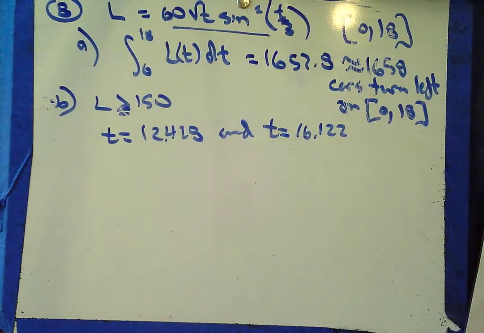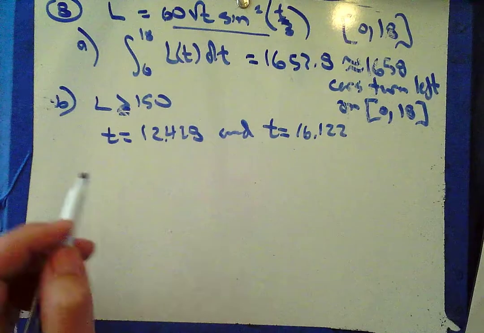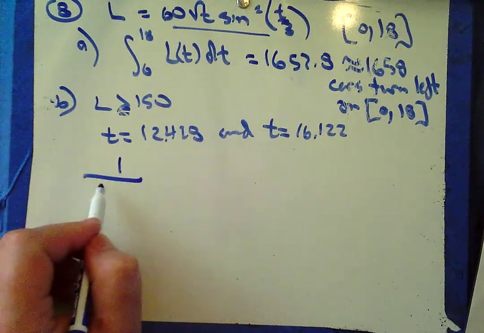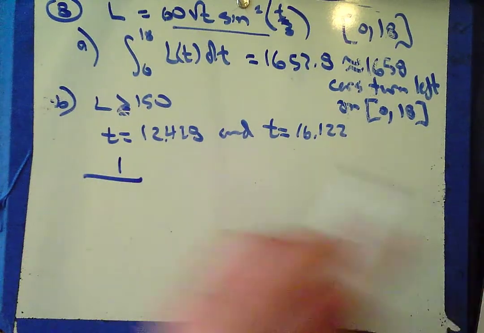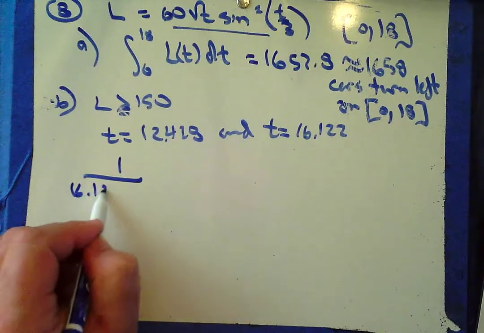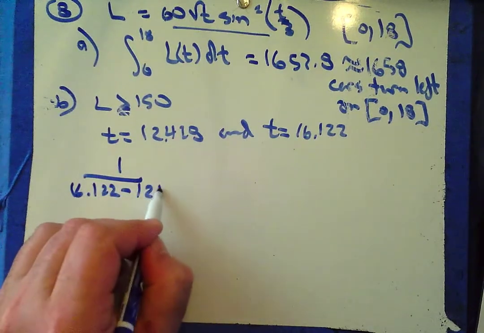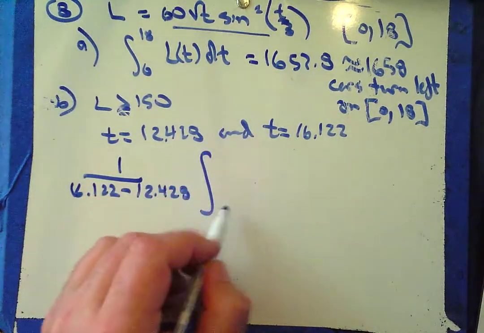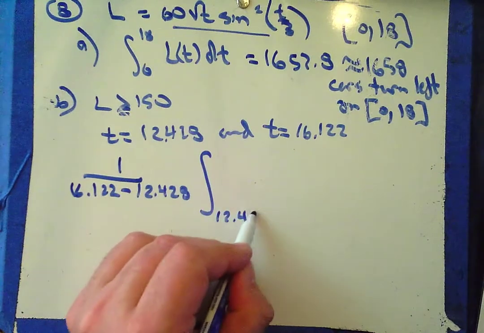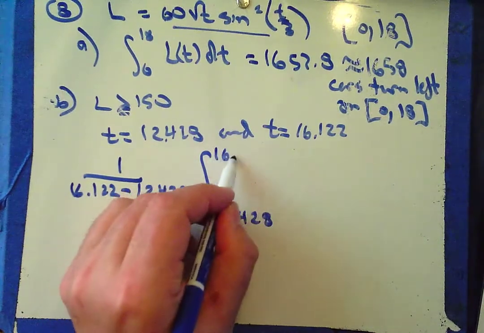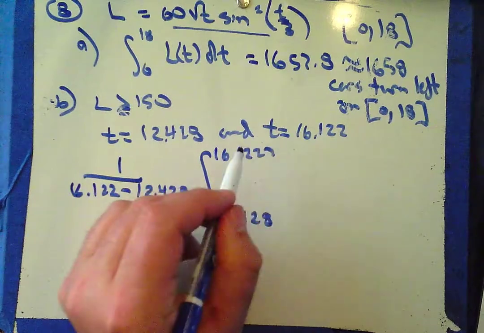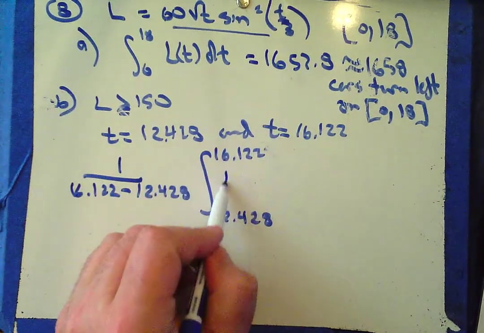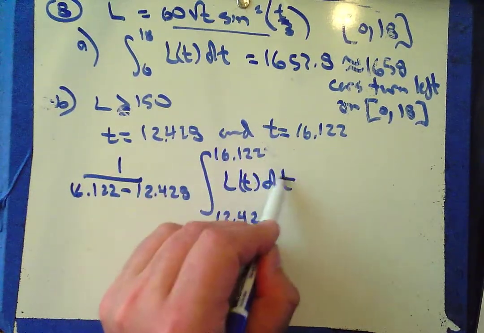Now we want to know the average value of L over this interval. Okay, so that's 1 over 16.122 minus 12.428 times the integral from 12.428 to 16.122 of L of t dt.